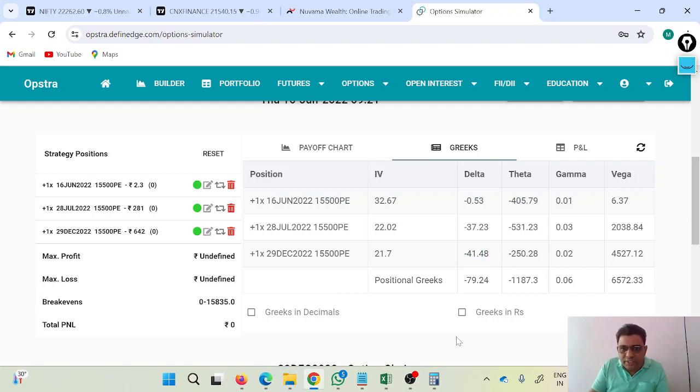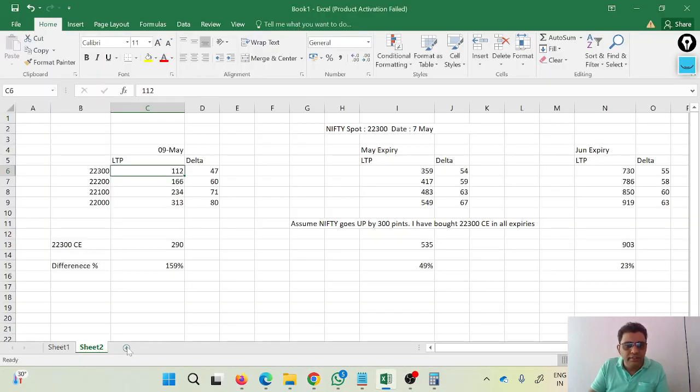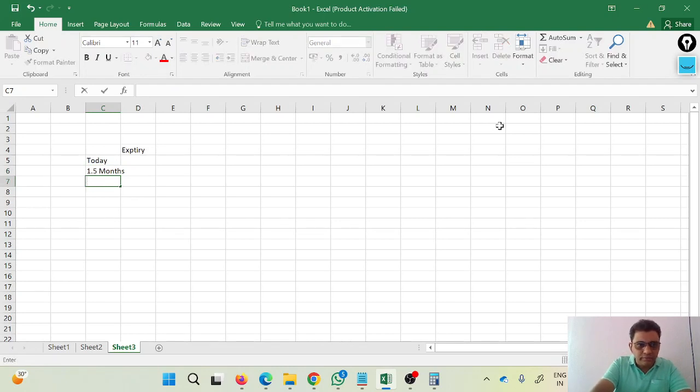I will write down this basic delta here in this Excel. The basic delta, I will write down the expiry: today, then 1.5 months, and 6 months.